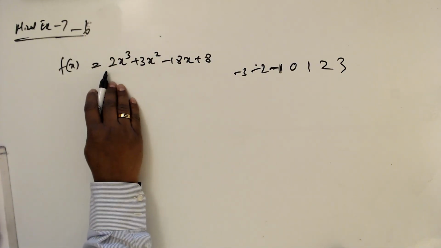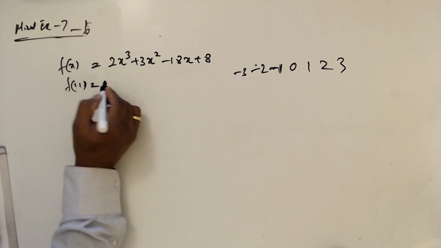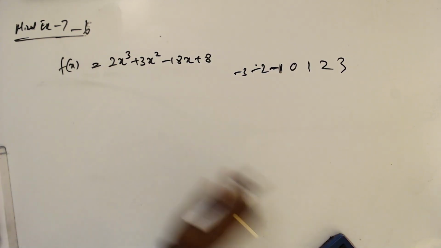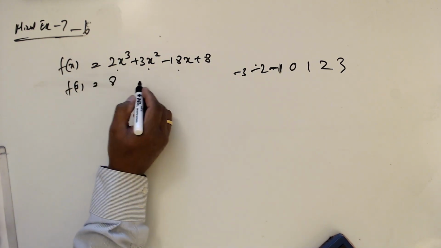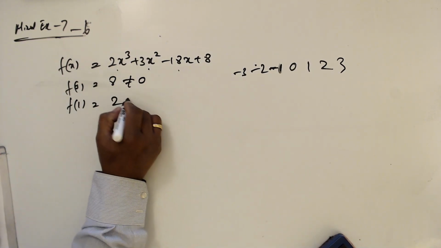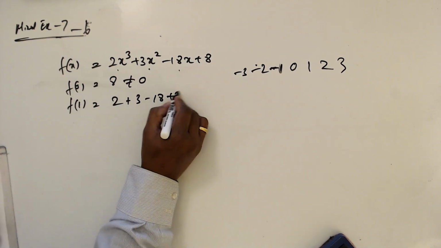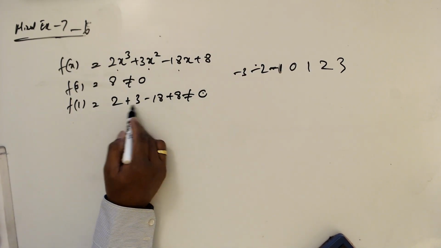If 1, I will check. F1 is 2 plus 3 minus 18 plus 8, not equal to 0. I can see that.